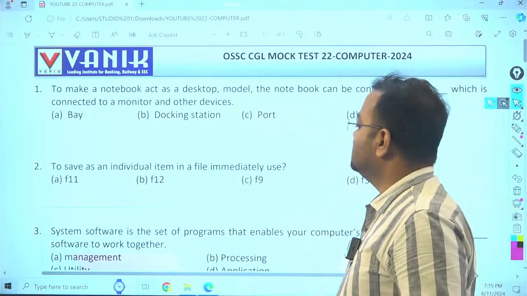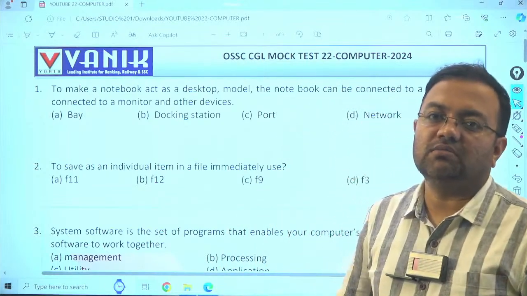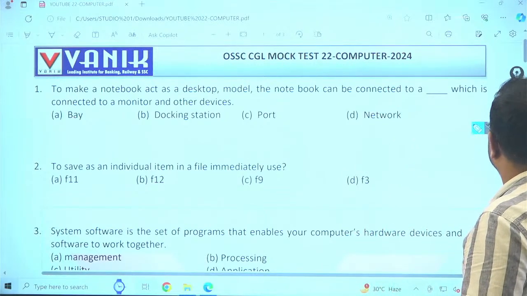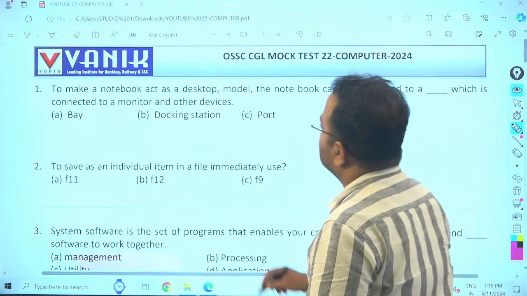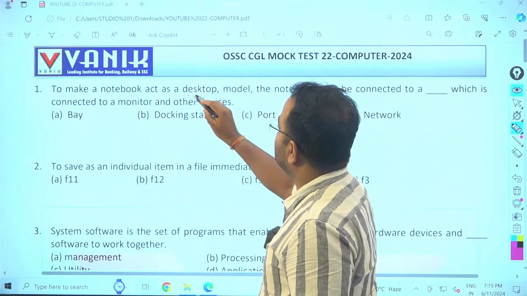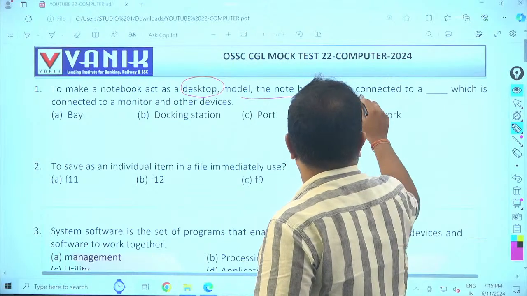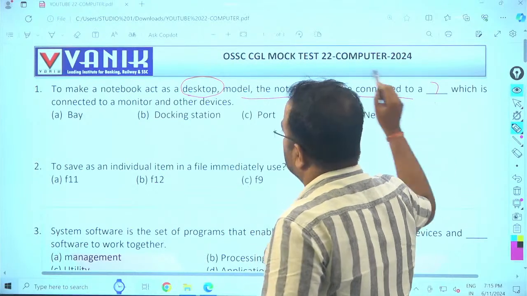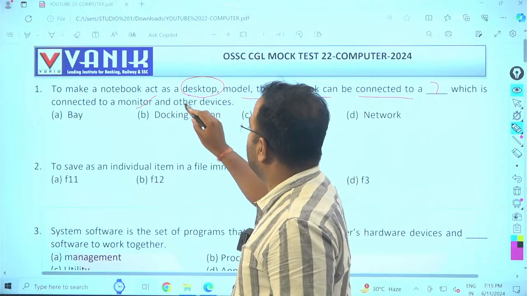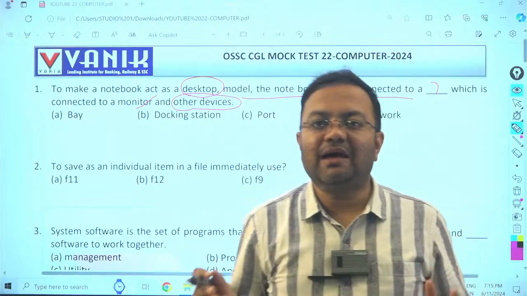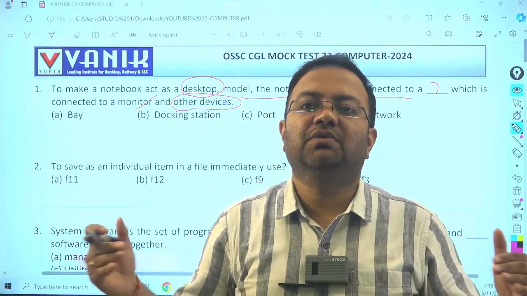So today we are going to discuss about set number 22, okay, and go to question number 1, right? To make the notebook computer as a desktop model, the notebook can be connected to a dash which connected to monitor and other devices. So students, we can extend the laptop with the other peripheral equipment.